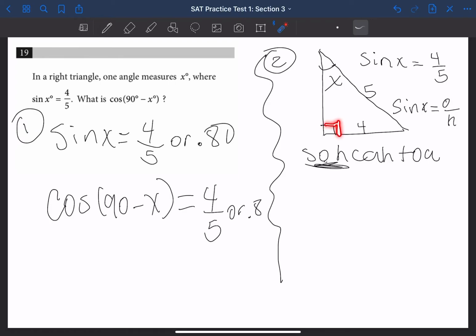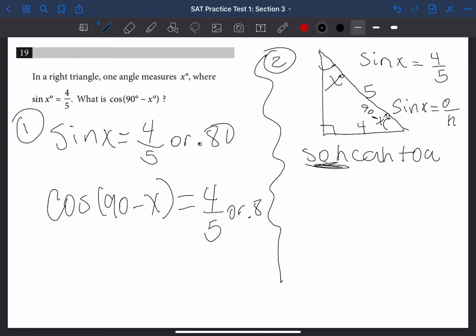We already have 90 here and x here, so those two angles should add up to 90 as well. So this little angle right here should be 90 minus x.